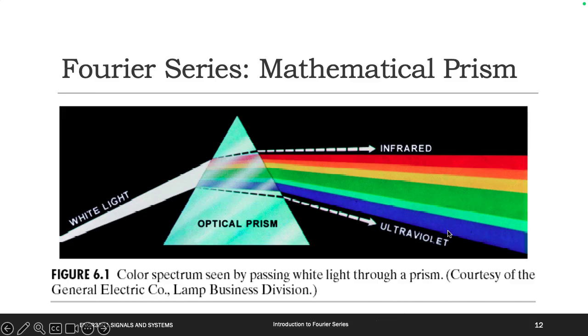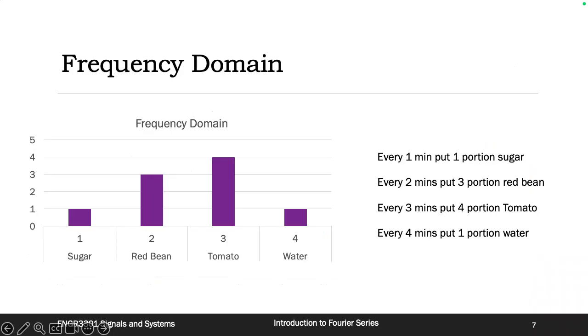This white light is like one thing, one event, and these seven different colors are like different frequencies. The different frequencies form this specific thing, like making a soup, and these different frequency components form one specific event, like making this soup.